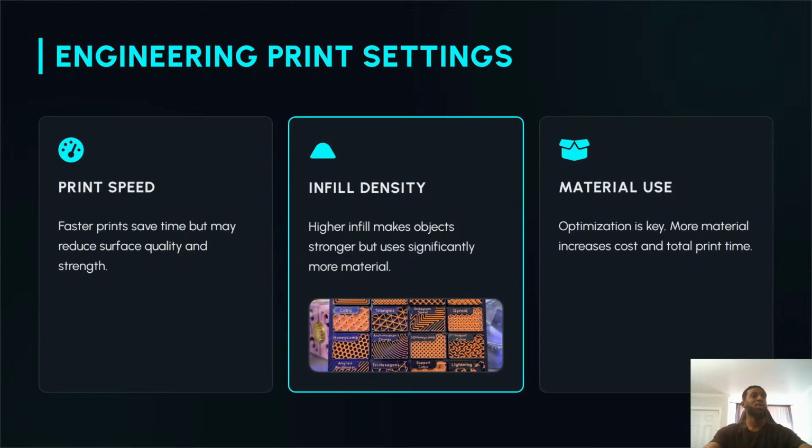And then material use. Optimization is key. More material increases cost and total print time. So like we said about infill density, the more material you use, the more cost you're going to incur and the more print time you're going to have. So you have to find a balance for everything. And the more you do it, the more used to it you get.